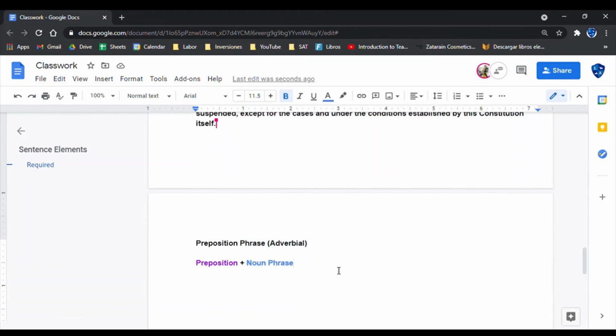But if we have another noun here, then maybe this noun is a subject, for example. But this one is part of the prepositional phrase. And all of the prepositional phrases are adverbials. Adverbials. Okay, I got it.